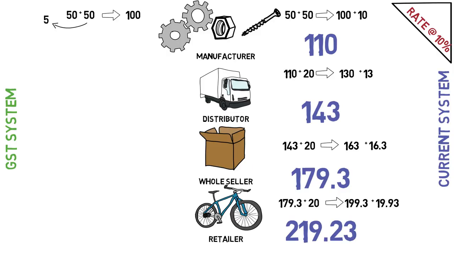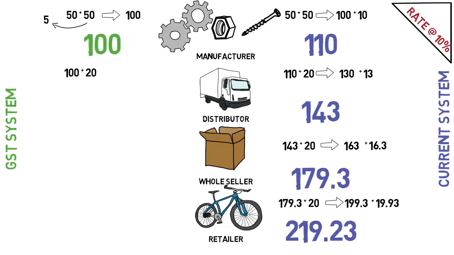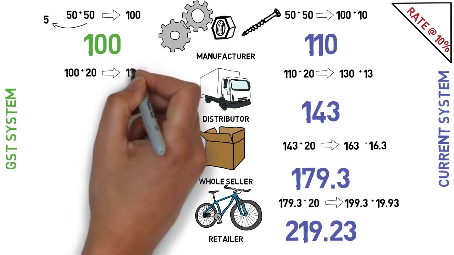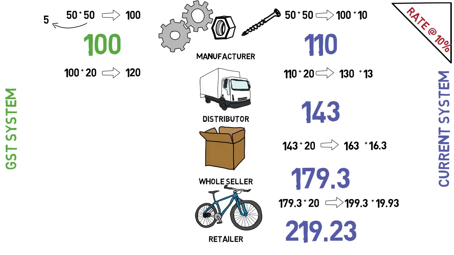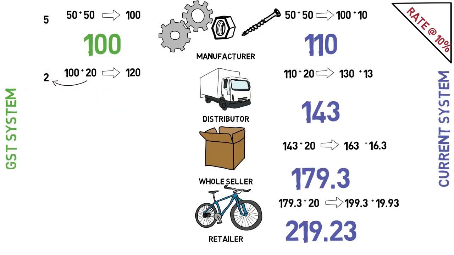But the selling price will not increase and the cost of product for distributor is 100 rupees only. Then the distributor adds 20 rupees profit and the product becomes of 100 plus 20, which is 120 rupees. He pays the tax of rupees 2 on his profit of 20 rupees.